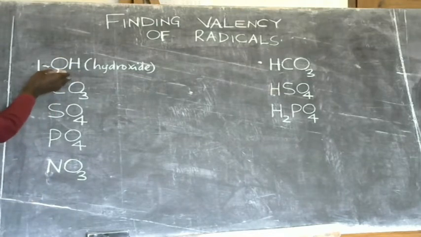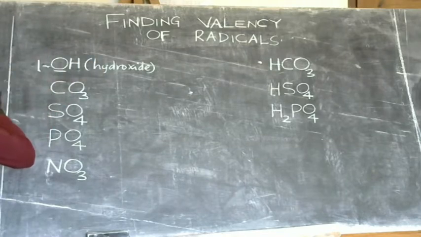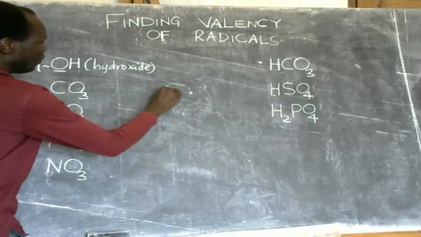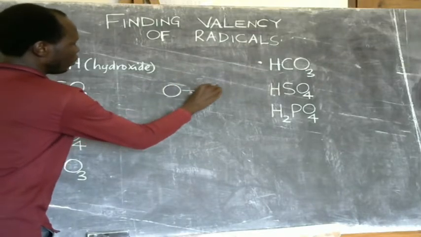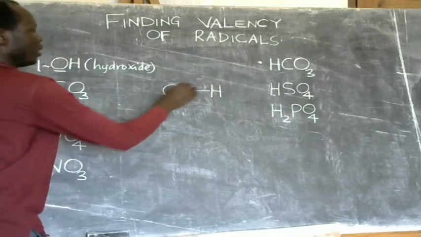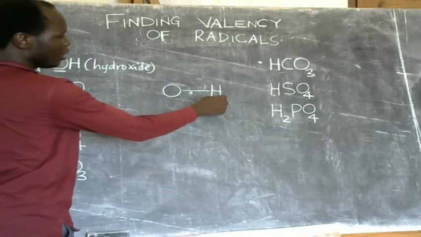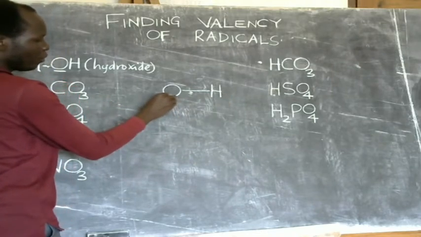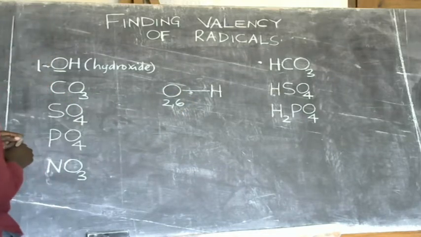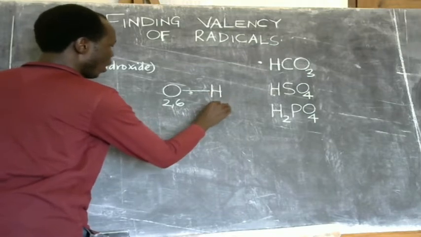You look at this atom here and this atom, you will find that the structure of this radical has oxygen and hydrogen. What is the electronic configuration of oxygen? It is 2, 6. What is the electronic configuration of hydrogen? It is 1.